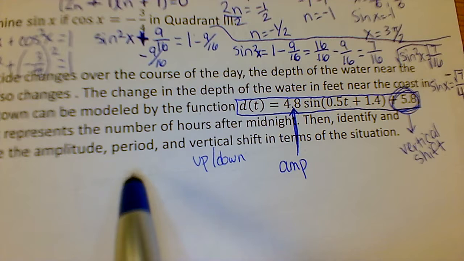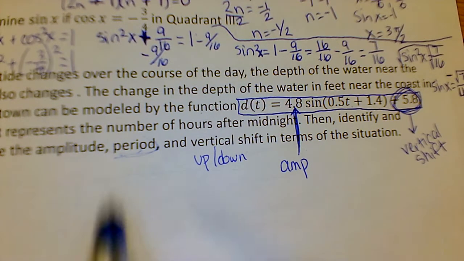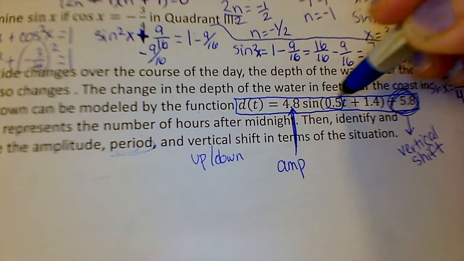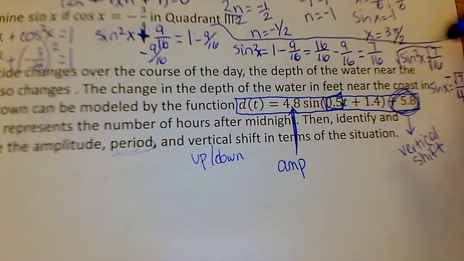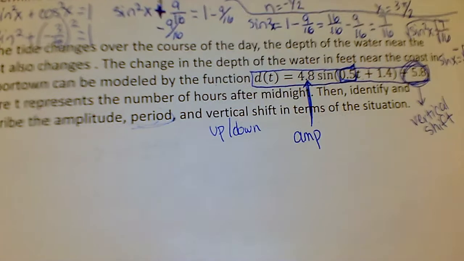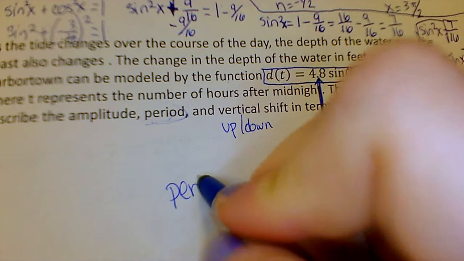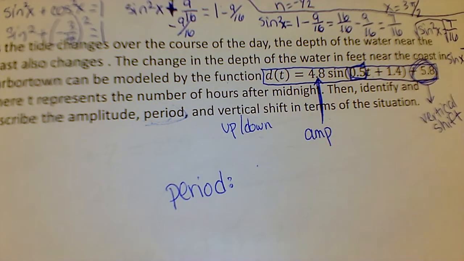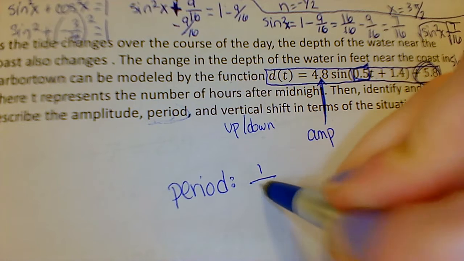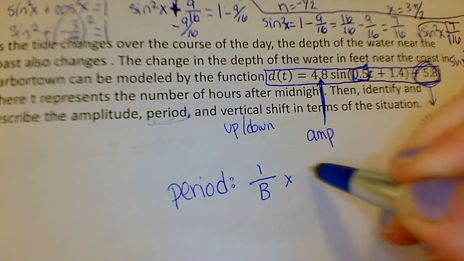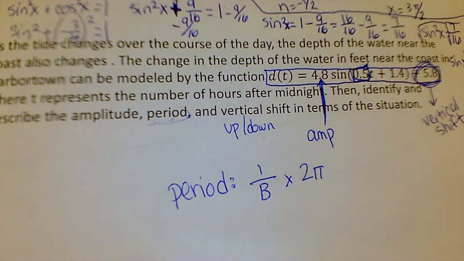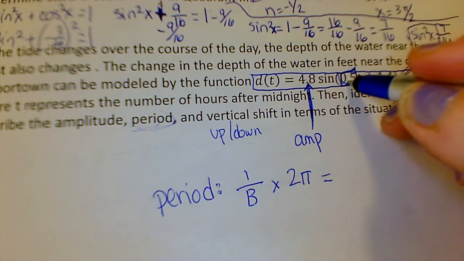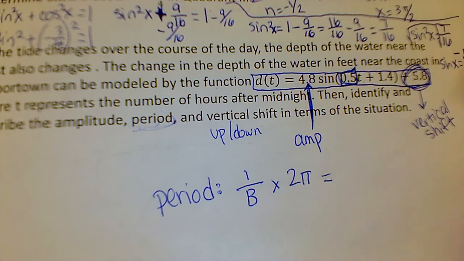And lastly, to find period, you're going to use this number right here. And I say use this number because it's not that number. To find period, remember we do the reciprocal of the b value, or 1 over b times 2 pi. In this case, b is 1/2, or 0.5.